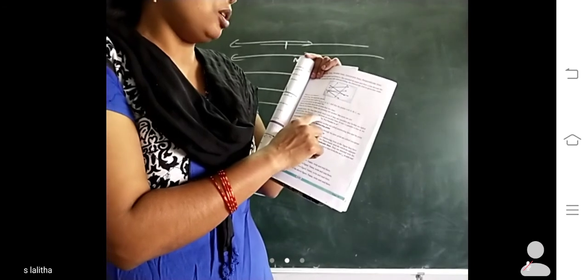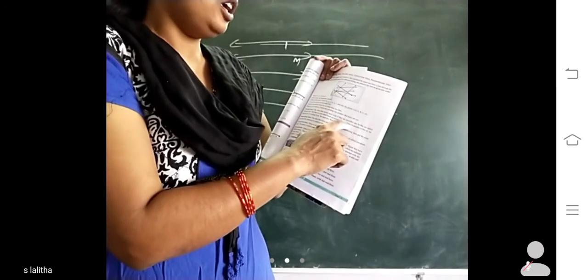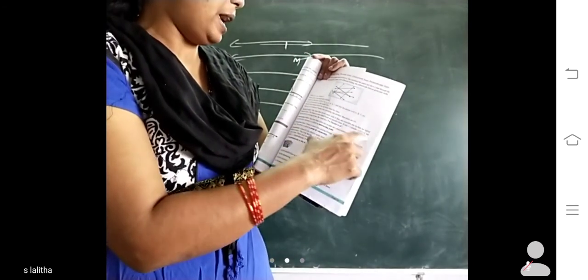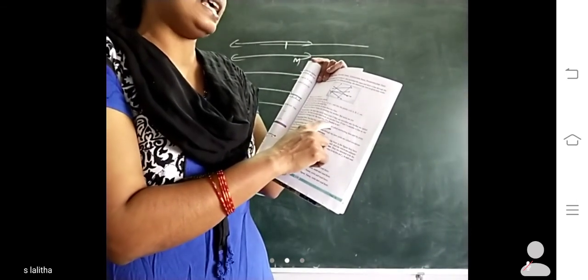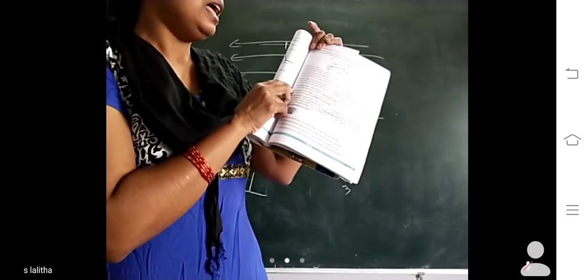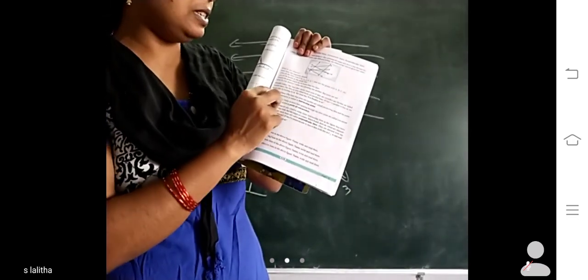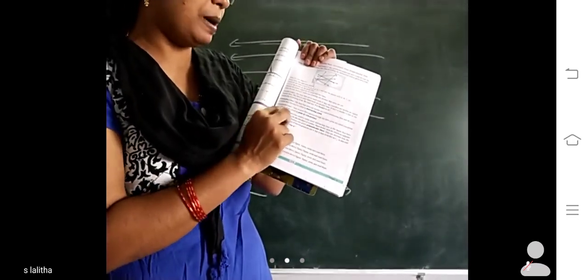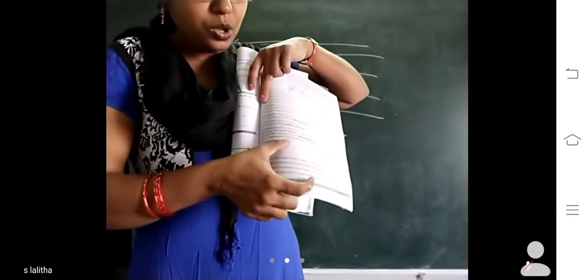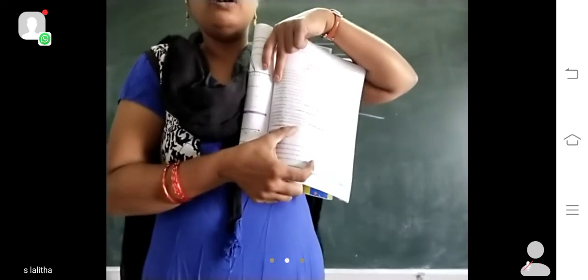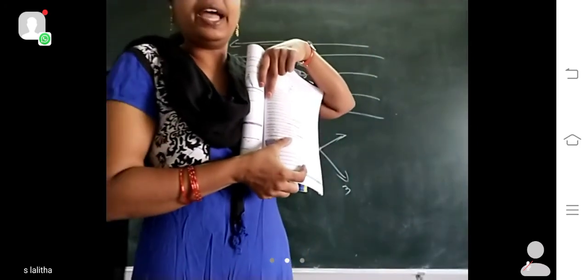The lines in your ruled book are parallel lines. If line L is parallel to line M, we denote this by writing L is parallel to M. Like this, write parallel lines, intersecting lines, concurrent lines, perpendicular lines. Put the headings and write it in your notebook, all of you.